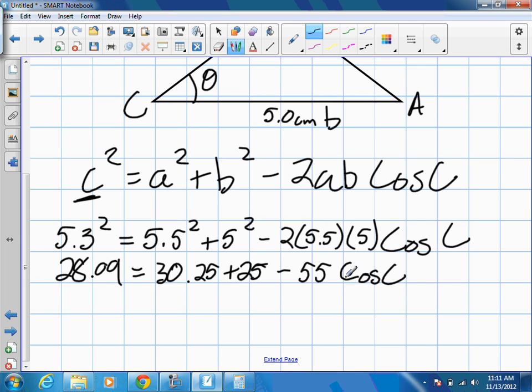Okay? So, we have this here. The goal is to isolate the C. Now, remember what I talked about? This is technically, think of it like negative 55 times cos C. So what we're going to do is take the 30.25, move it to the other side, and the positive 25 and move that to the other side.